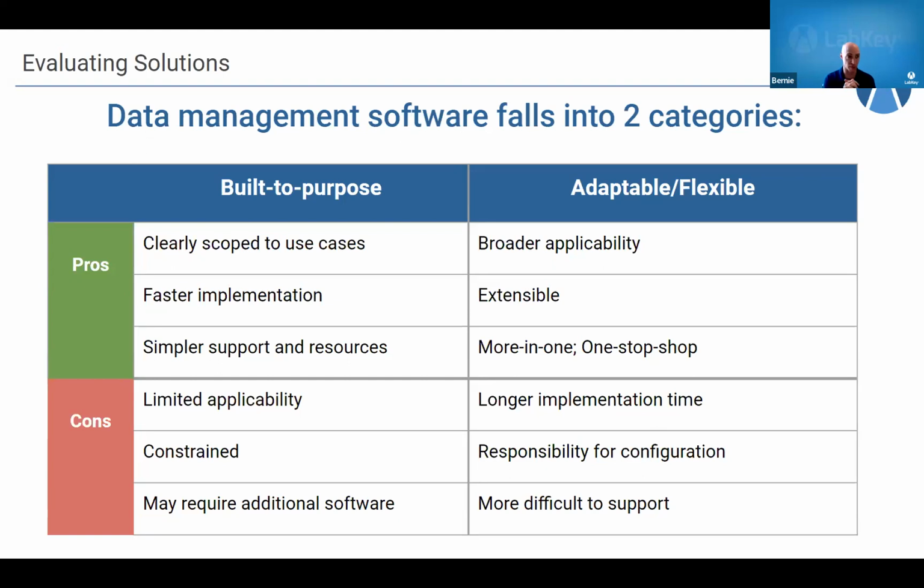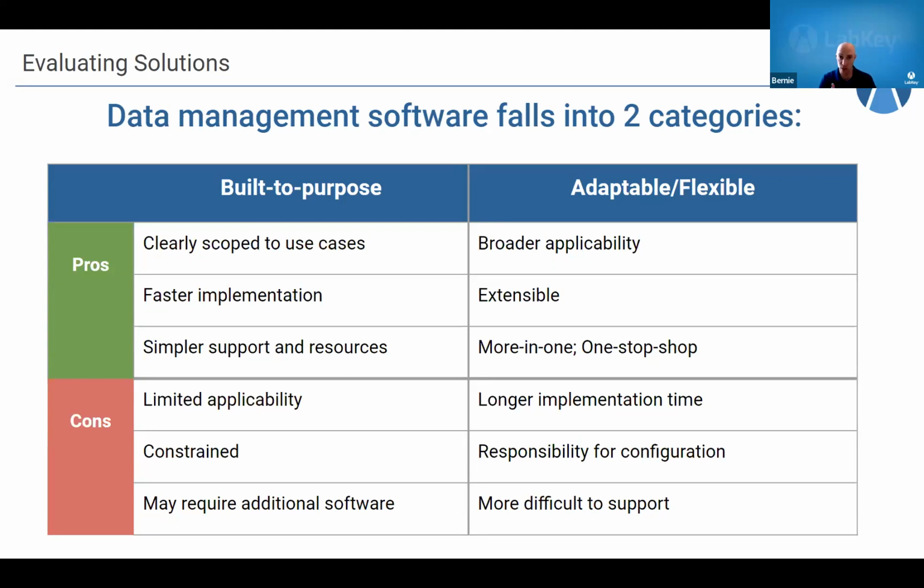They're clearly scoped to a particular use case, which is really good. It means that they serve that use case very well. It also means very often the implementation of the software is a lot faster because it's constrained. And supporting people who are using it for that purpose is often simpler. There's good support for it, and often there are more resources for it because it's easier to produce that support.